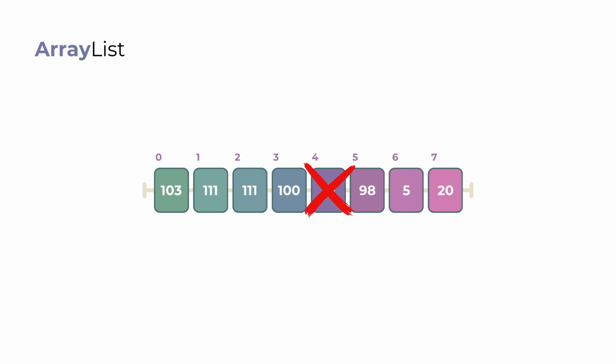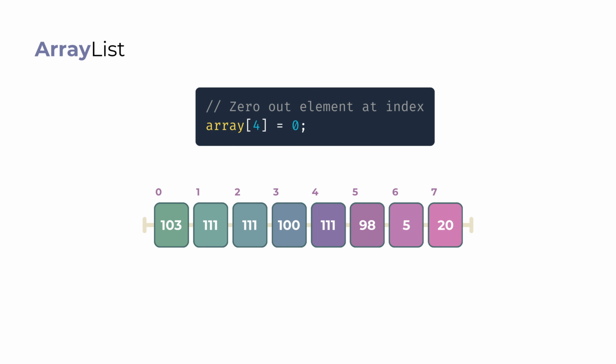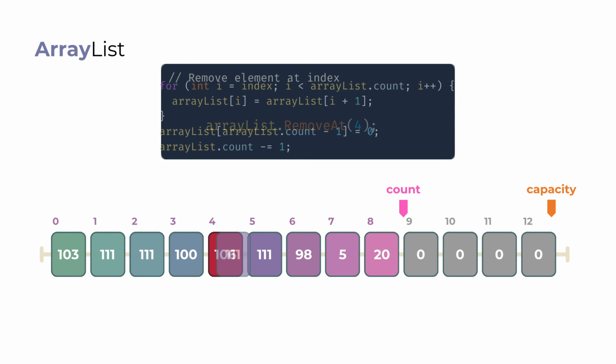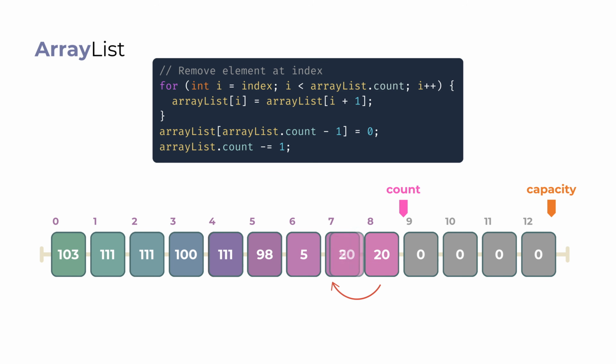So the best you can really do with a normal array is set the data at that index to 0. In order to provide the remove functionality that a list offers using array primitives, internally, when we remove an element, our list has to copy every single subsequent element in an array backwards by 1 to fill the hole, which of course for very large arrays is extremely slow.